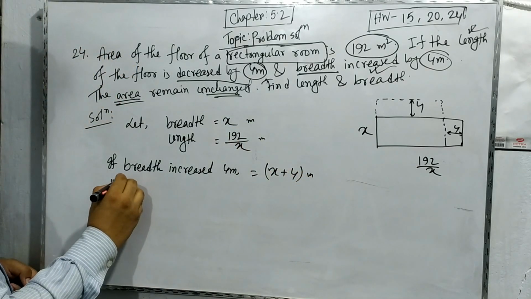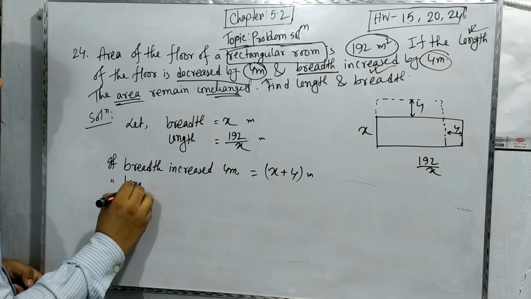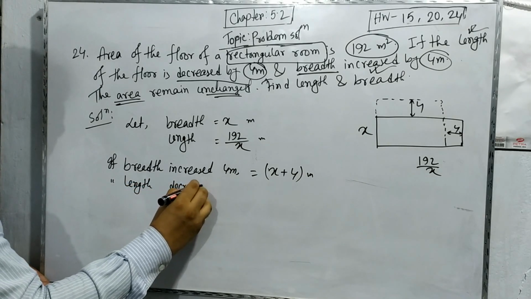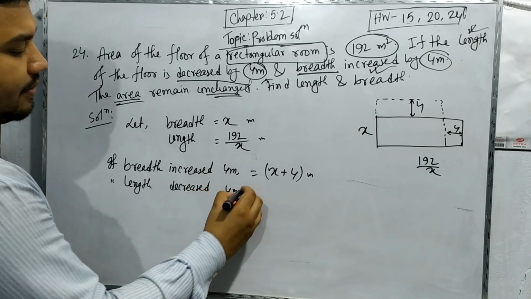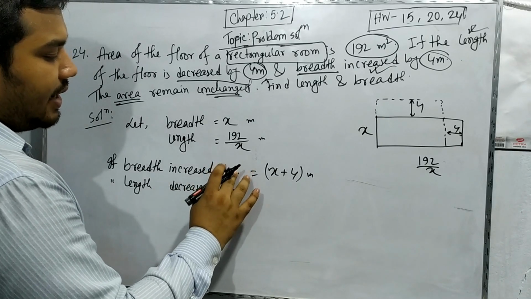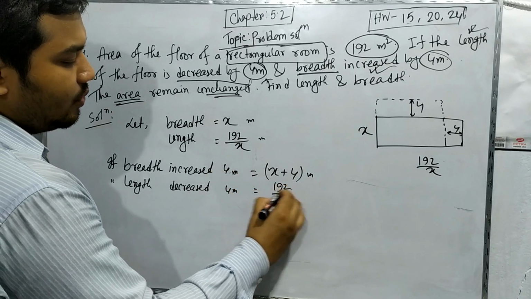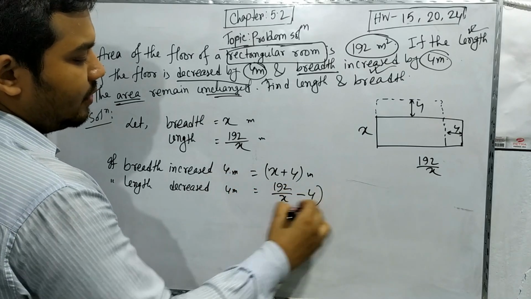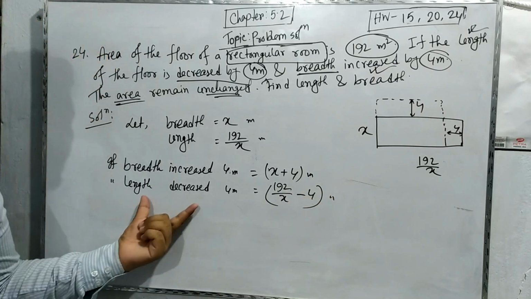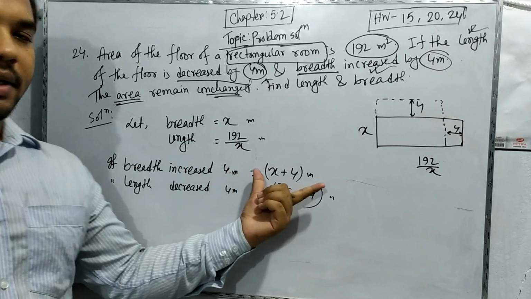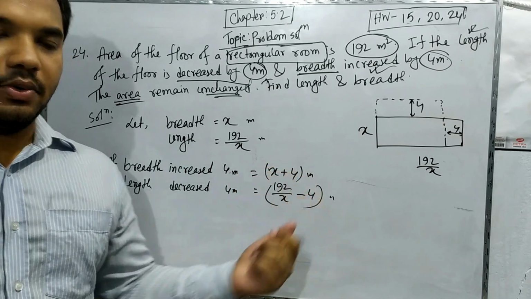If the length is decreased by 4 meter, then we can write 192 by x minus 4. Here our length has decreased, that's why minus 4, but the breadth has increased, that's why x plus 4.